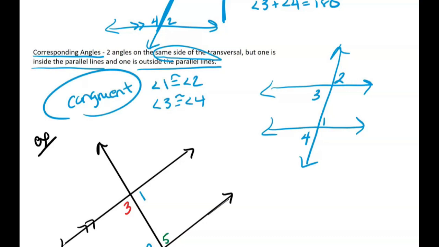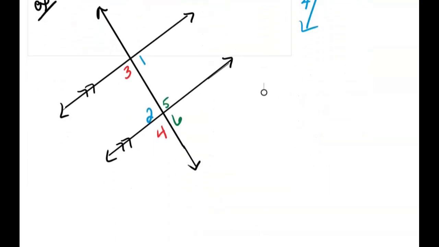Okay, so our task is to be able to identify the angles that we have, and then we're going to try to solve for them, I should say. Okay, so for example, in this drawing, if you just look at angle 1 and angle 2, we want to decide what type of angles these are. And our options are alternate interior.